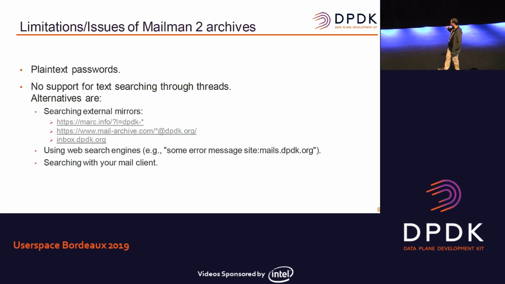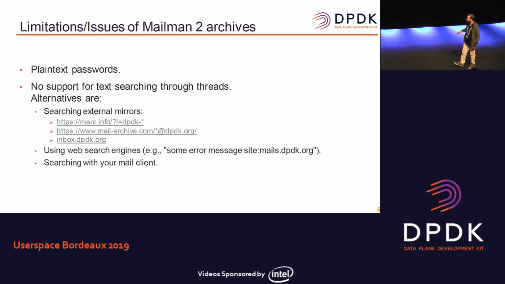There's another option, which is to use web search engines to search for what you want. But this depends on whether the web search engine has crawled and indexed the post or not yet.